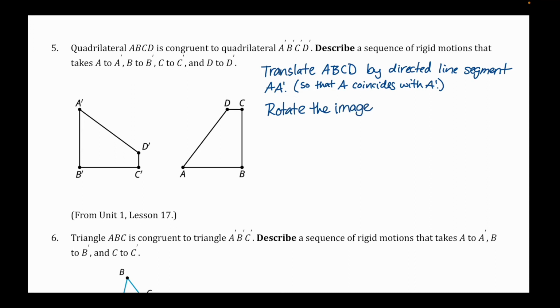And I know I used A and A prime, so I have to say rotating the image around A prime. Whatever point you used to translate onto its image, you have to use that as your center of rotation. So rotate the image around A prime.